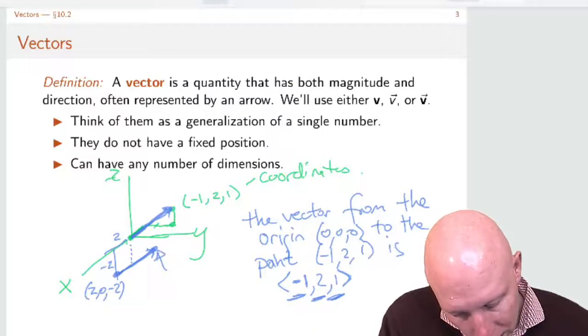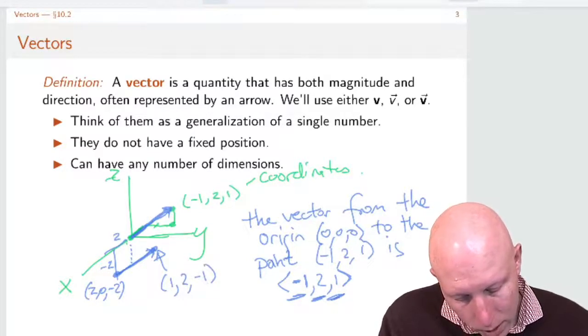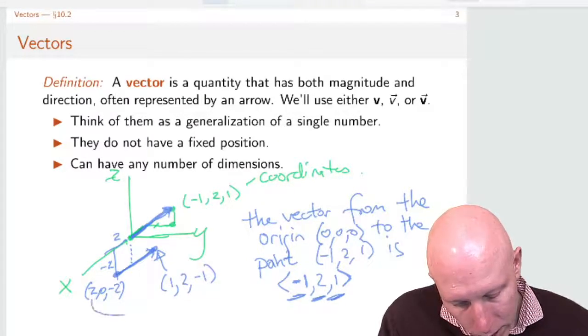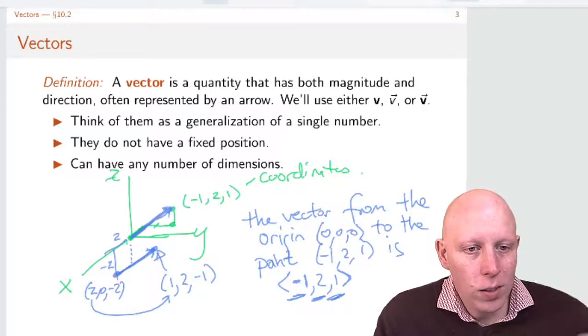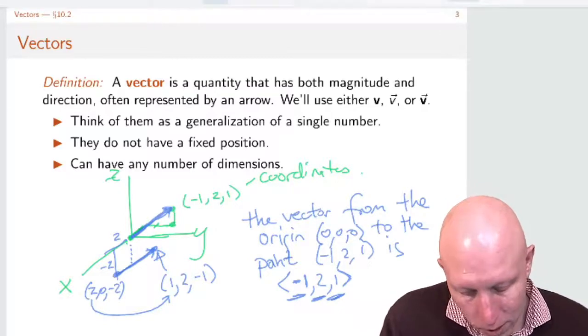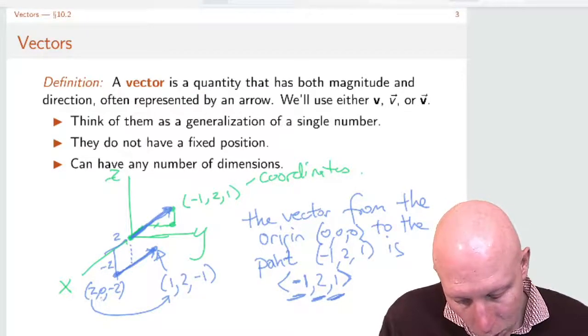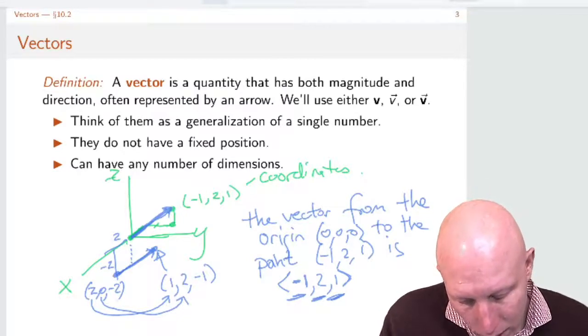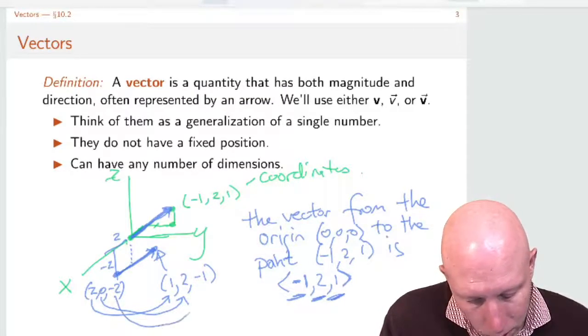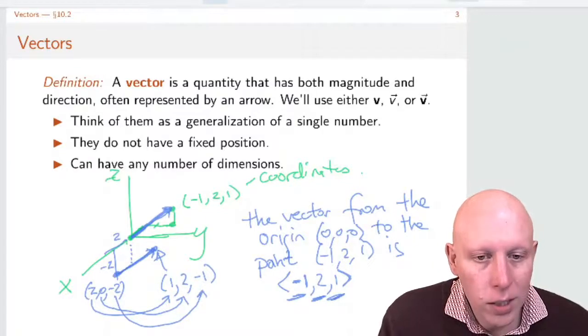We end up at 1, 2, -1, because -1 unit in the x direction changes 2 to 1. 2 in the y direction changes 0 to +2, and -2, if you go 1 unit in the z direction, you get to -1.